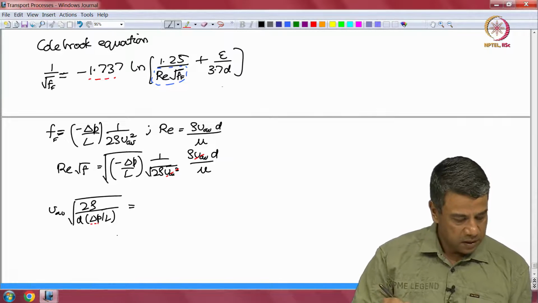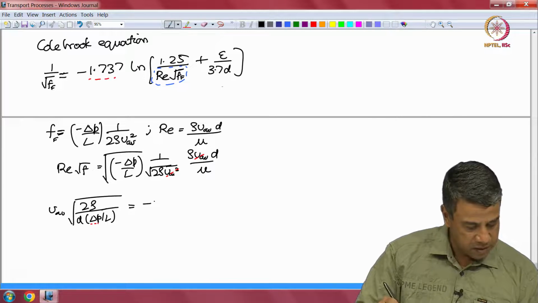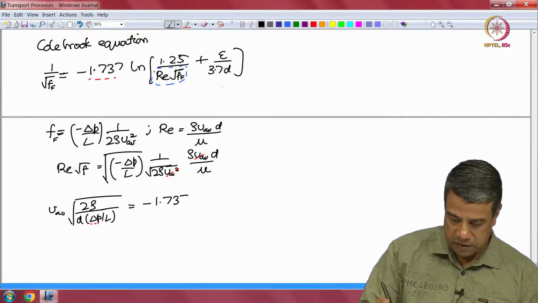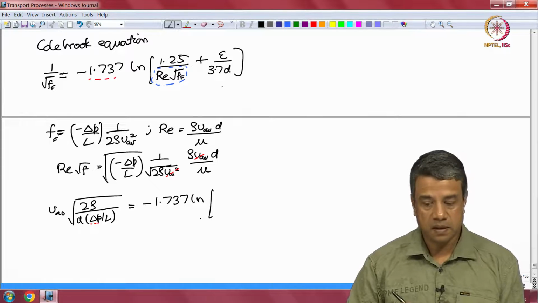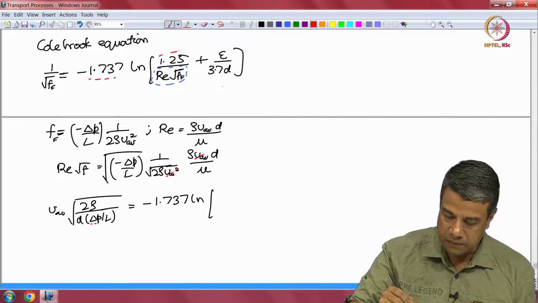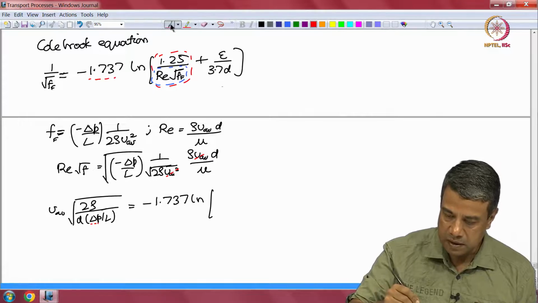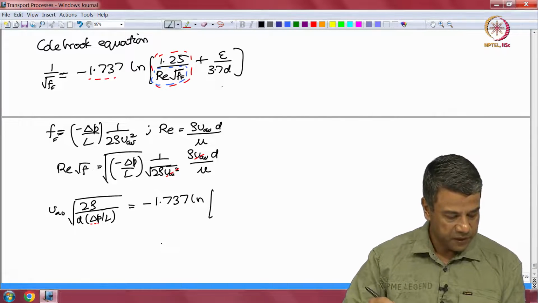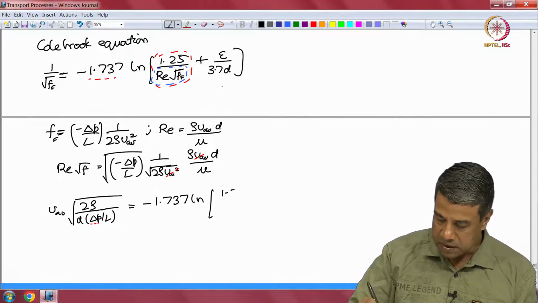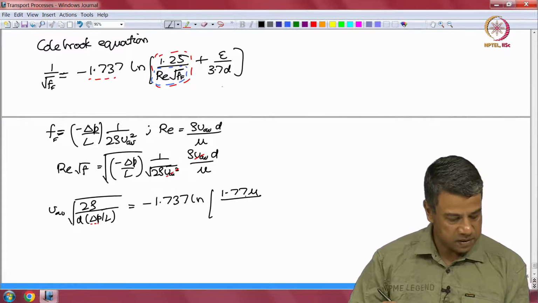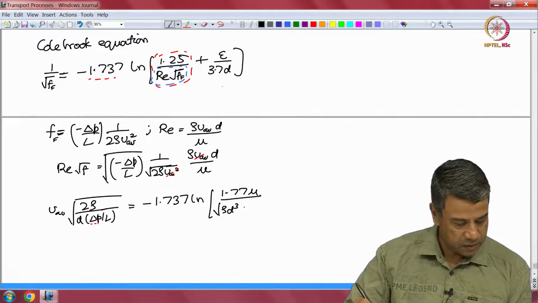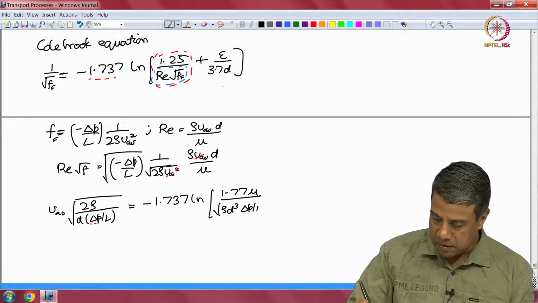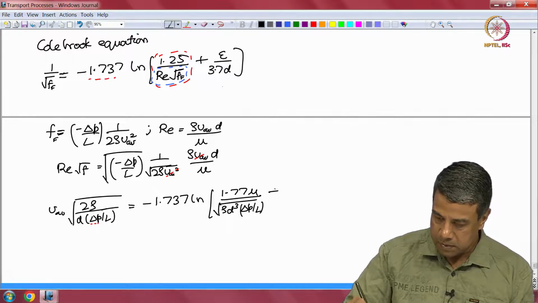This is equal to minus 1.737 ln of, now this term here is independent of the flow velocity, and therefore I get 1.77 mu, after some simplification, by root of rho d cubed into delta P by L, plus epsilon by 3.7 d.